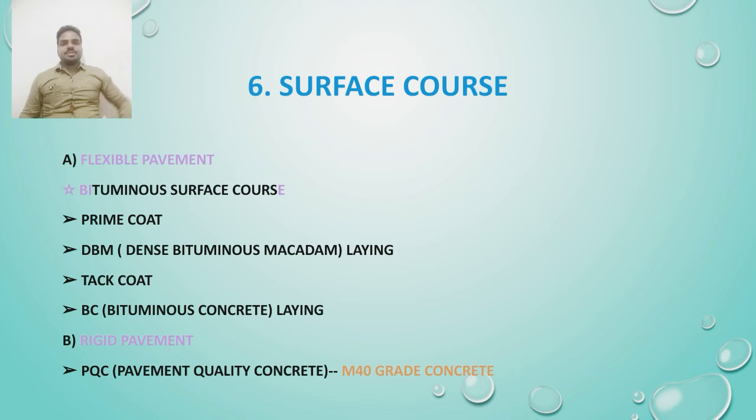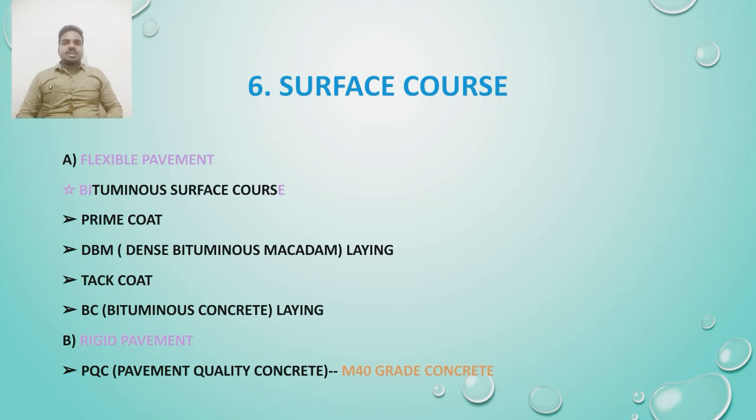Sixth step is surface course. Surface course is the topmost layer of pavement which has direct contact with the vehicular loads. When we discuss flexible pavement, we use bituminous surface course.